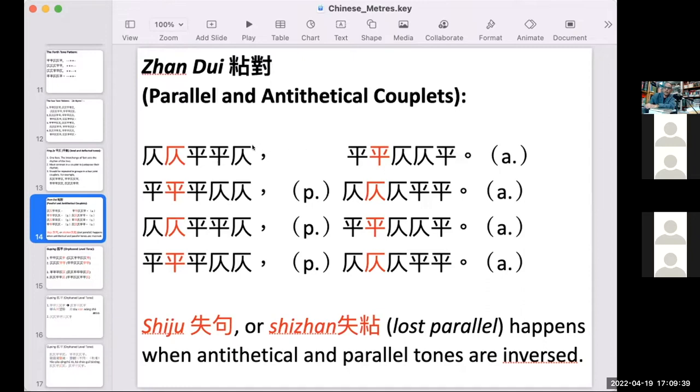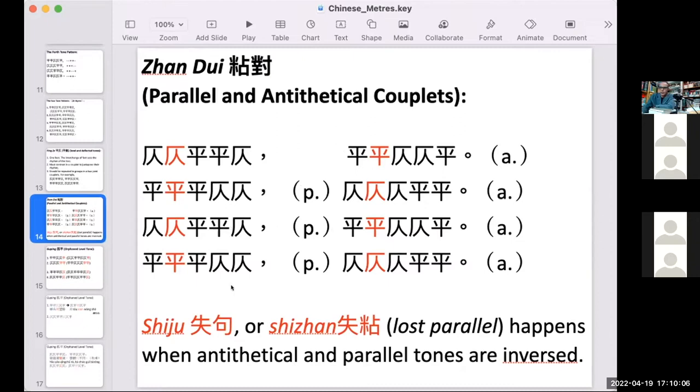There is antithesis between the first and the second. And then we come back. The relationship between the first and the second line is always antithetical. This is parallel. This is antithetical, and then this is parallel, and so on and so forth.